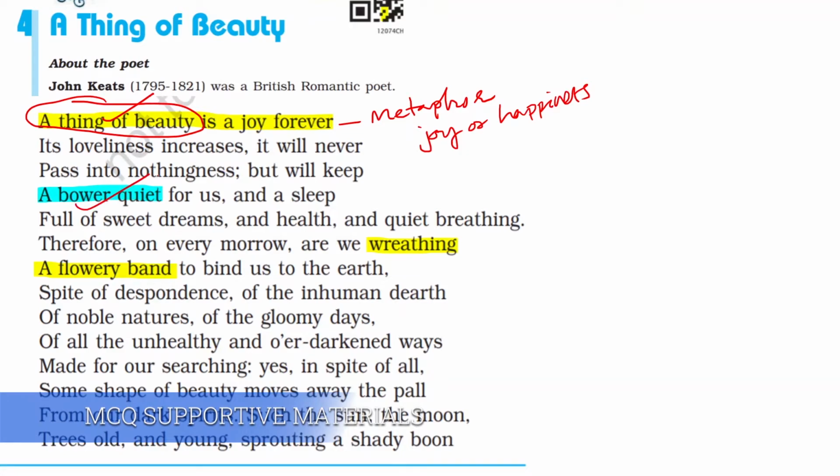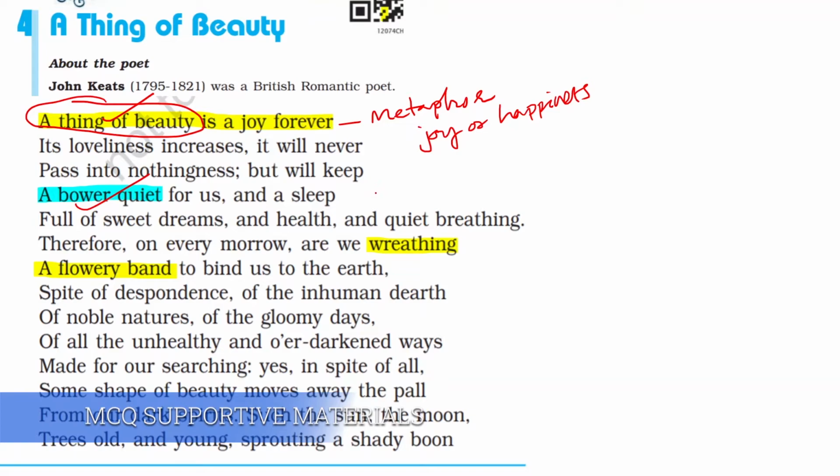Next metaphor is a bower quiet. What is a bower quiet? A thing of beauty is a bower quiet. Here, the calmness of a bower is compared to the calming effect of a beautiful thing. So, it is a metaphor.